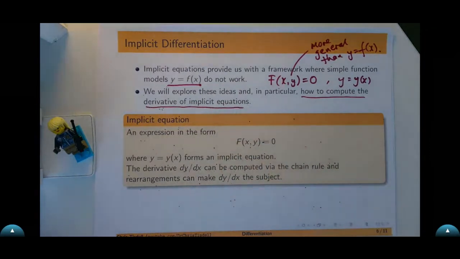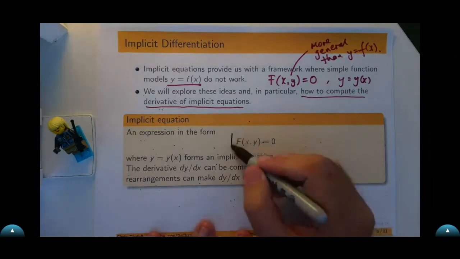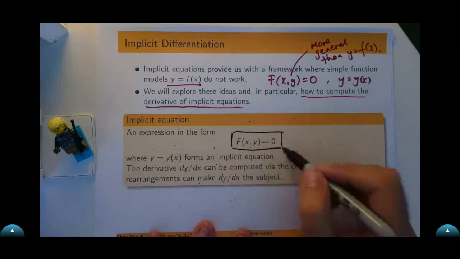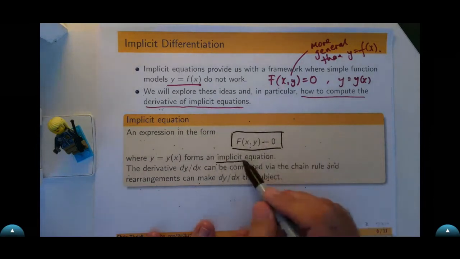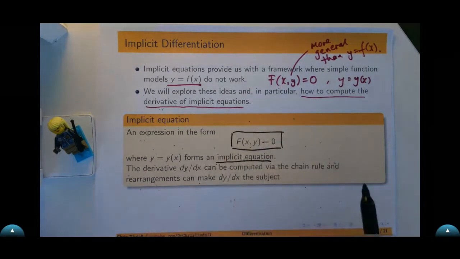Some of you may have seen this before, and if you've seen it before, great. Let's just have a look at the idea. This is the equation. We call it an implicit equation.